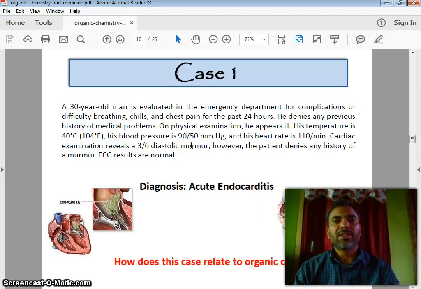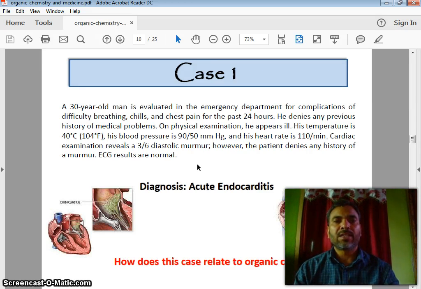Now I will study case 1. A 30 year old man is evaluated in the emergency department for difficulty breathing, chills and chest pain for the past 24 hours. He denied any previous history of medical problem. On physical examination, he appears ill. His temperature is 40 degrees Celsius.